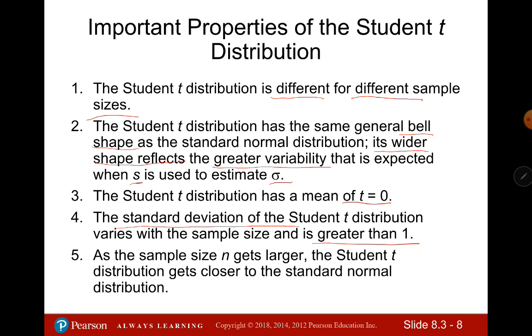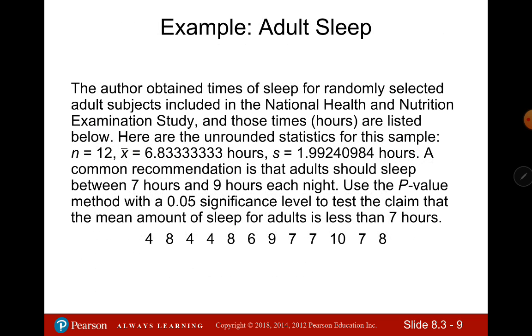But for t, it is greater than 1. And the last property is when the sample size gets larger, the t-distribution will get closer to the z-distribution. If the sample size is very, very large, then the shape will be extremely close to the standard normal distribution, the z-distribution.